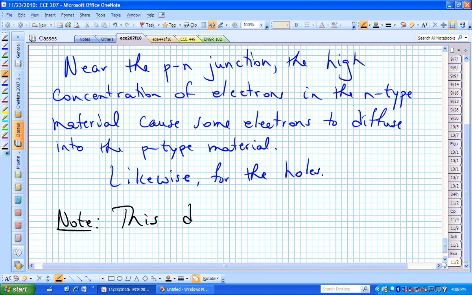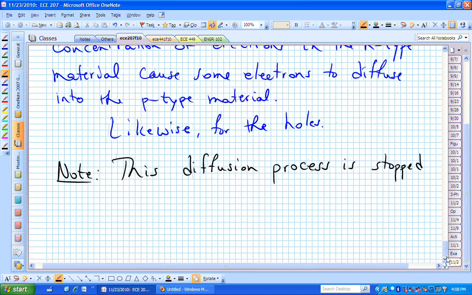This diffusion process is stopped by what you could think of as the bound charge, whether that's holes or electrons, the bound charge left behind.